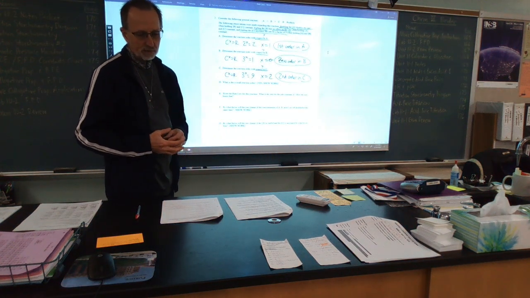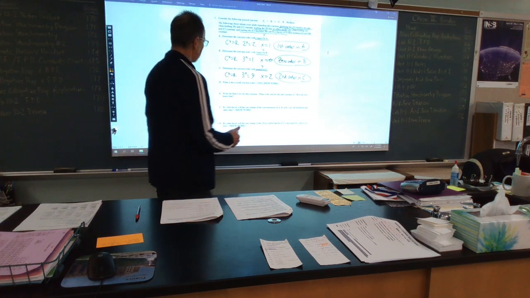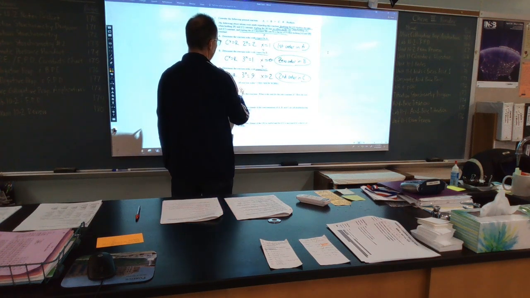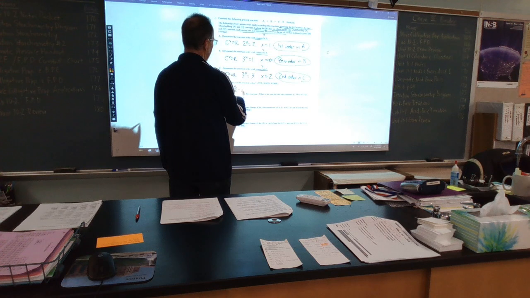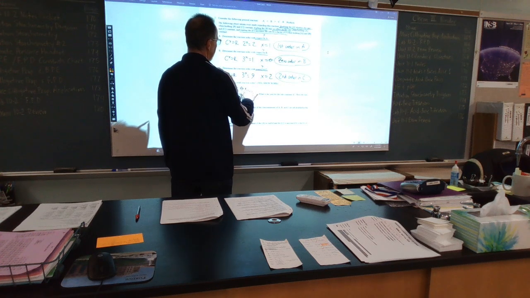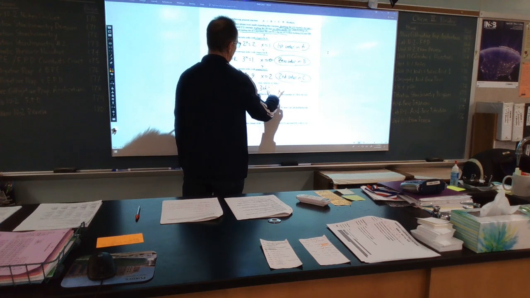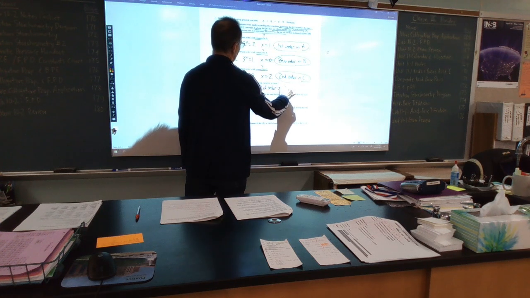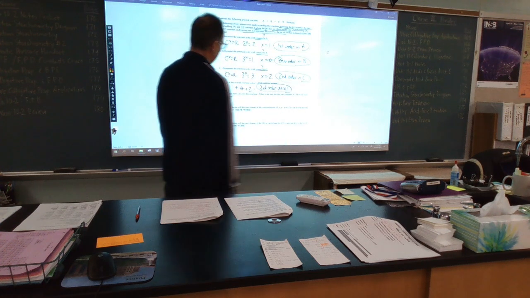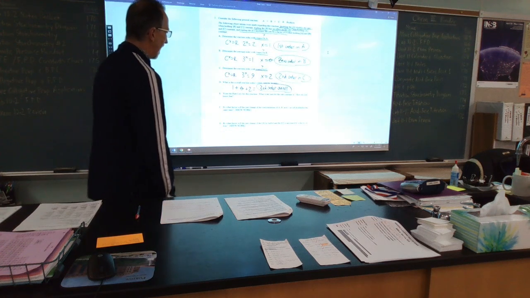Letter D. What is the overall reaction order? So we have A was first order, B was 0 order, and C was second order. So it's third order overall. Write the rate law for the reaction.